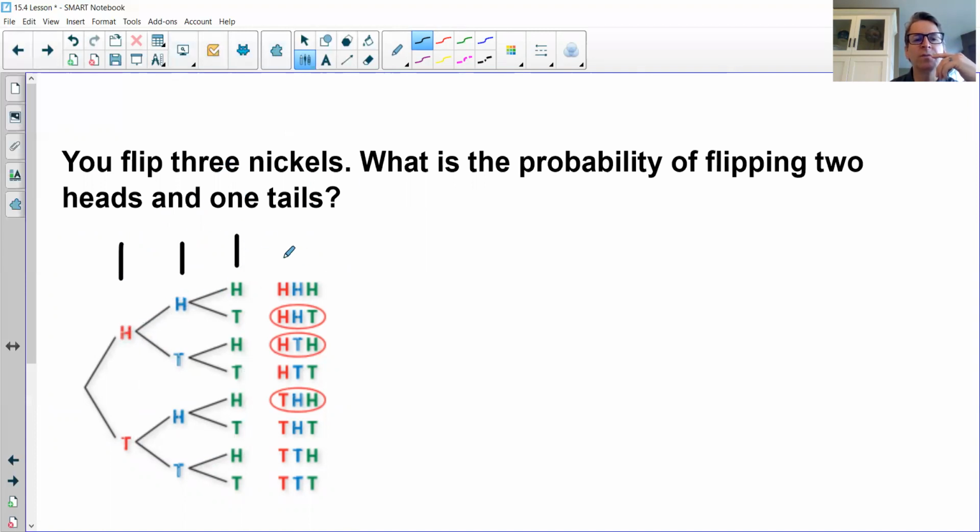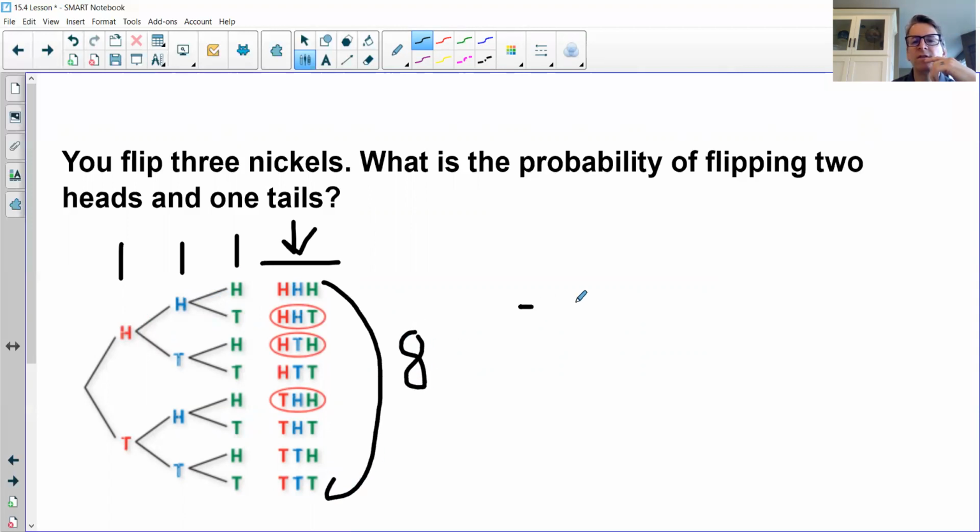So here are your outcomes. Your outcome column will show the 3 heads. Now your second combination using your tree diagram, you have a heads, you have a heads, and you have a tails. So HHT. So as you can see down here, you've got 1, 2, 3, 4, 5, 6, 7, 8 possibilities. 8.